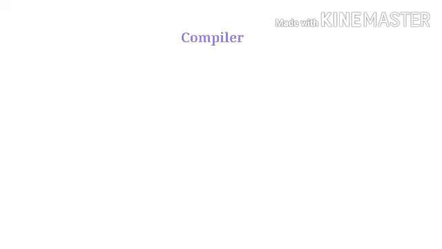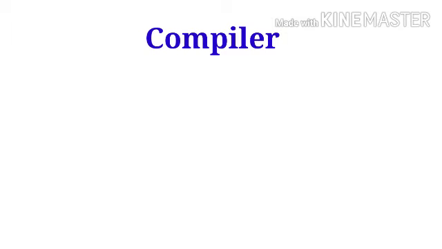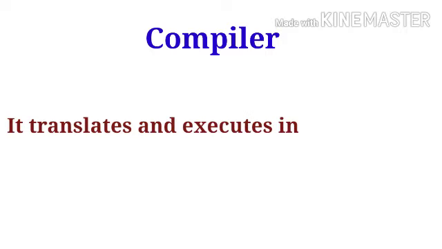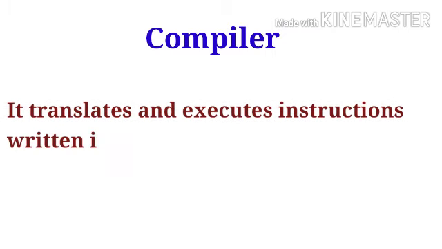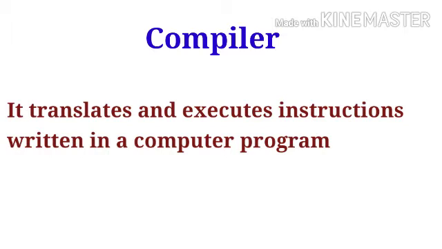Third one, compiler. A compiler is another type of system software that translates and executes instructions written in a computer program in one go. Here interpreter and compiler both are used to translate high-level language into machine-level language.